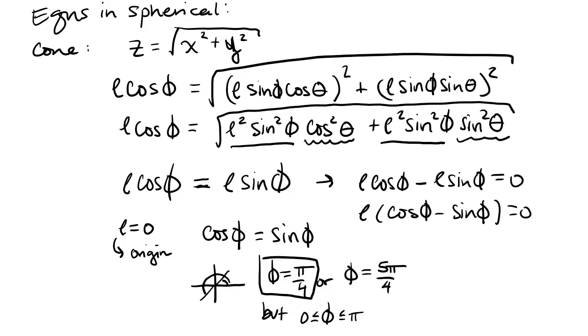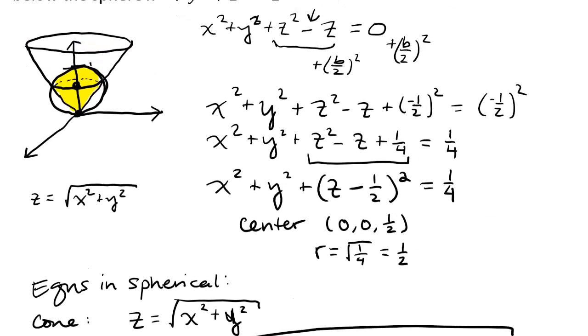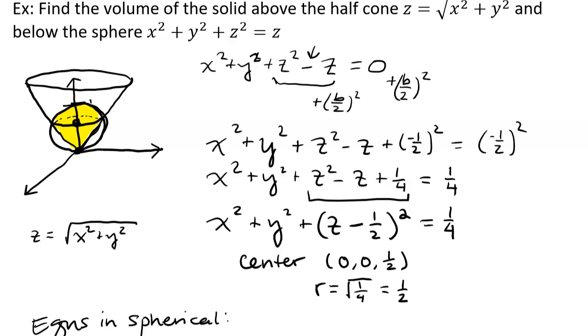So if we think about what we're going to end up wanting for our cone, it's that phi equals pi over 4. Essentially then rho is left to vary and theta is left to vary. So it's basically just fixing this angle of phi that we make, and then we swing it.